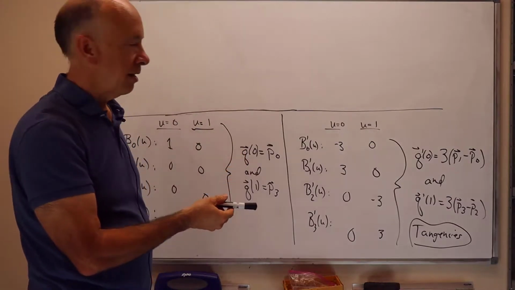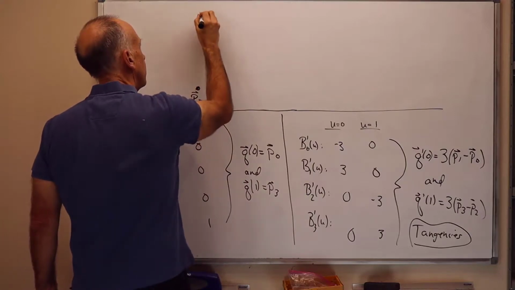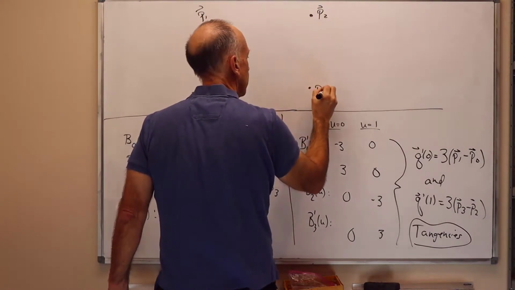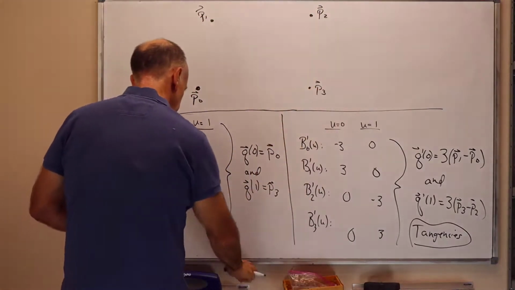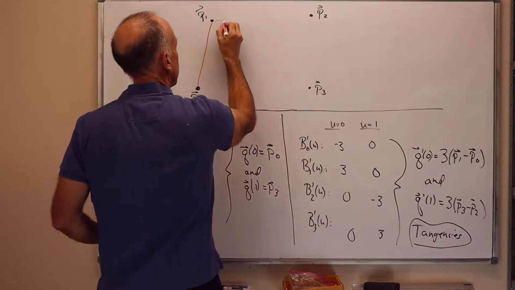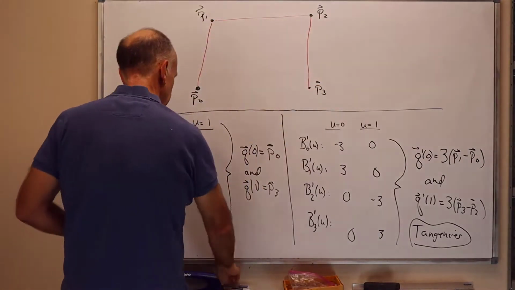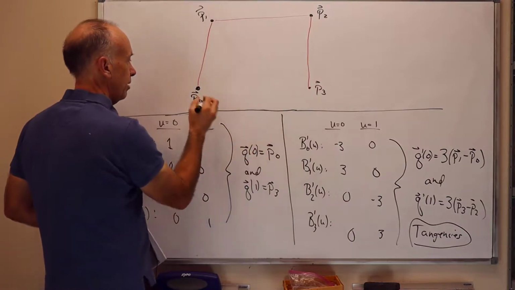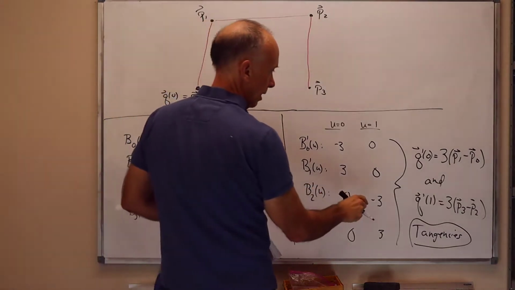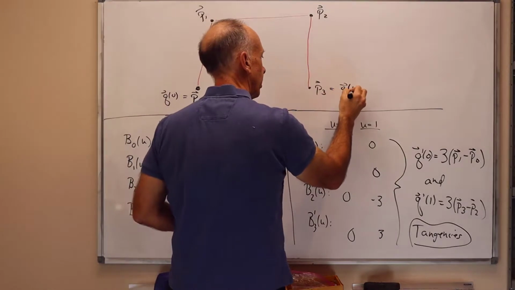To illustrate these tangencies, let's redraw a curve. So here's P0, P1, P2, P3. And the control polygon is the straight line segments joining these together in order. And by Q of 0 equals P0, you know the curve starts here. By Q of 1 equals P3, we know the curve ends here.